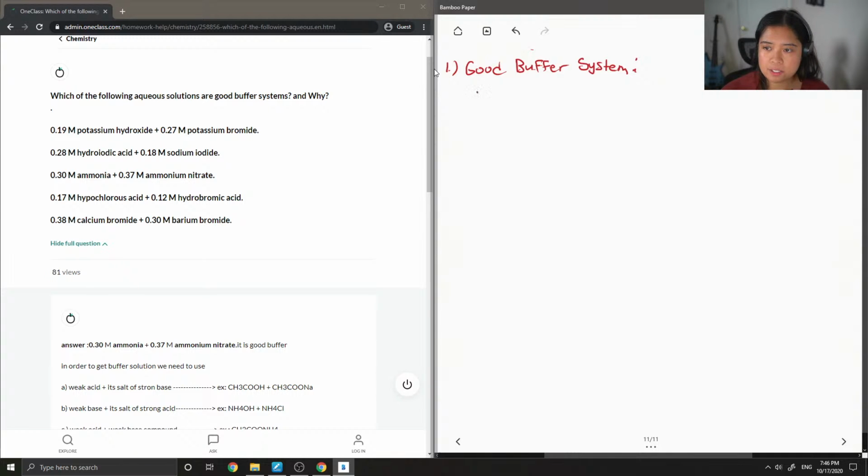So good buffer systems can be any of the following. You can have a weak acid plus the salt of a strong base.